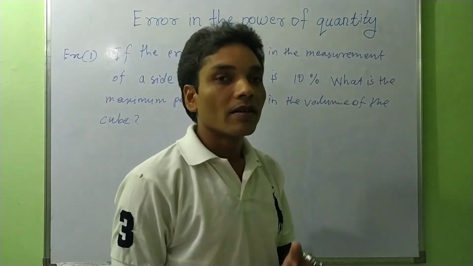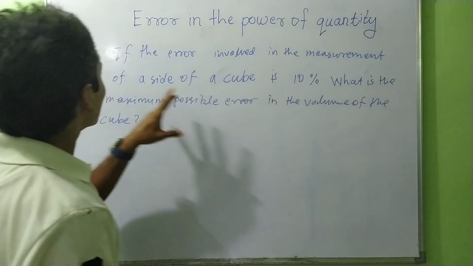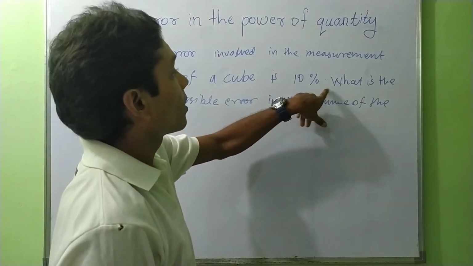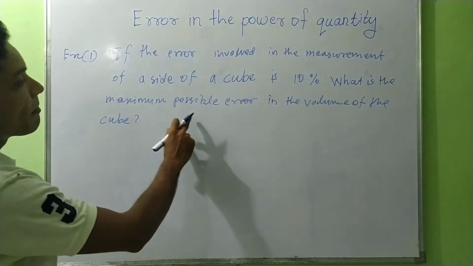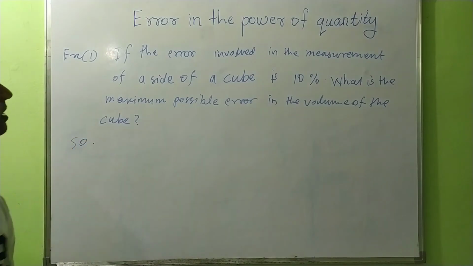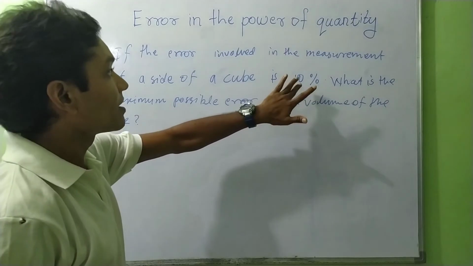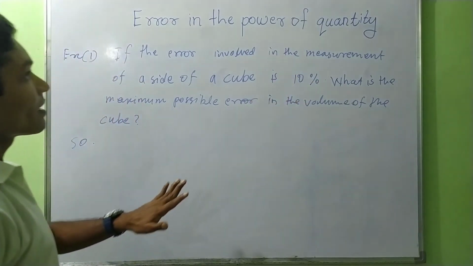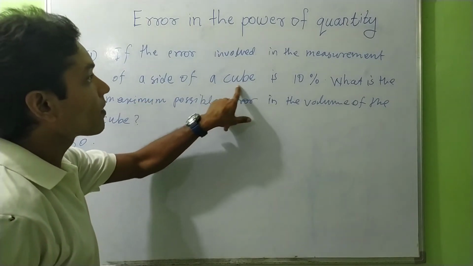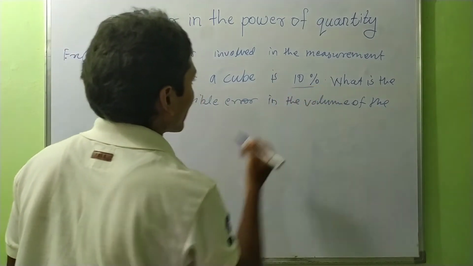In this experiment, if the error involved in the measurement of a side of a cube is 10%, what is the maximum possible error in the volume of the cube? So firstly, what is given? This 10% is given, and this is the percentage error in the measurement of the side of the cube.